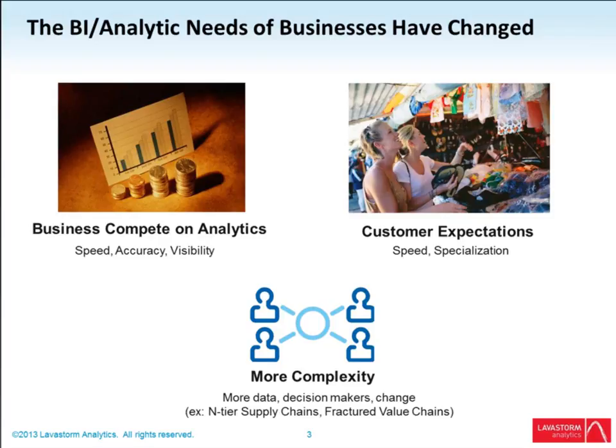And there's a lot of area in a fractured value chain between the creation of an order for a service, let's say, to the fulfillment of that order, to the billing the customer for that order, and measuring their customer satisfaction, there's a lot of room there for error, and thus a lot of room for improvement.